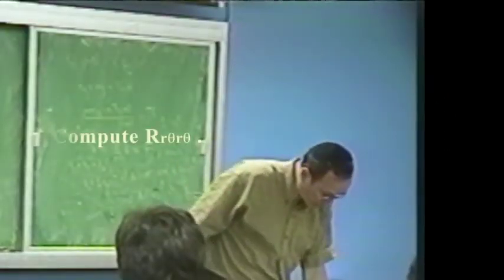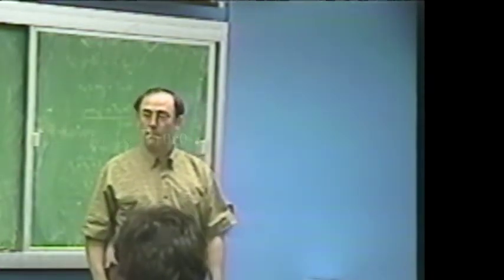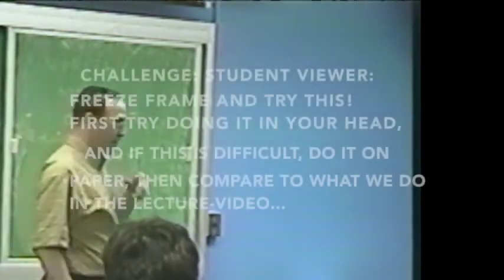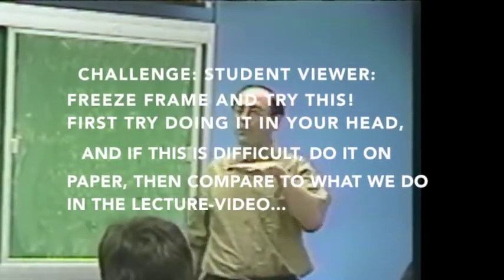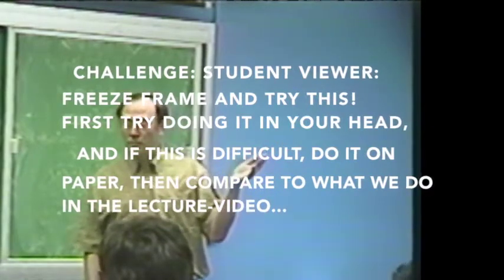What about r theta? What's going to happen with r theta? We just do the same procedure. Right. So what are you going to get? Okay, so r theta, you're going to have a gamma prime, and a gamma times gamma. What is the gamma prime going to be? What are the gammas before we prime them?